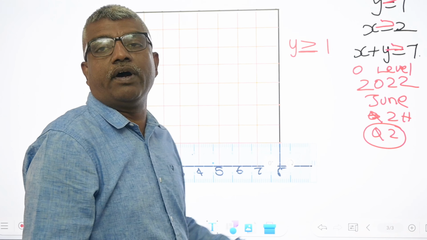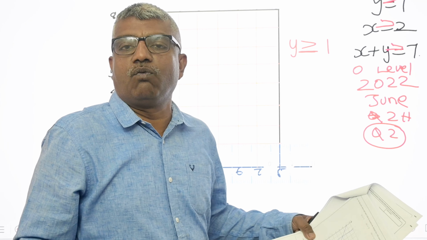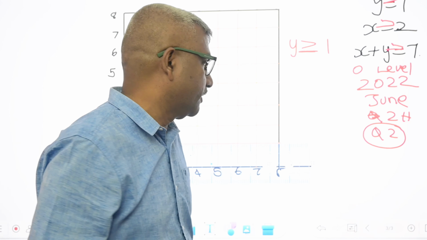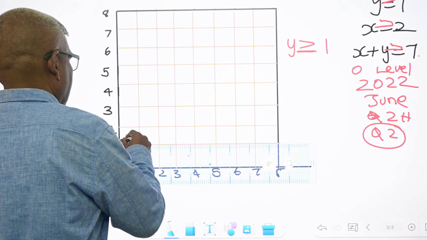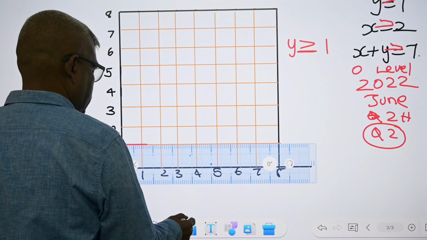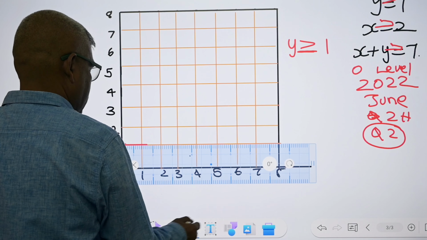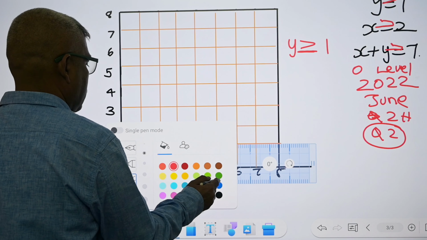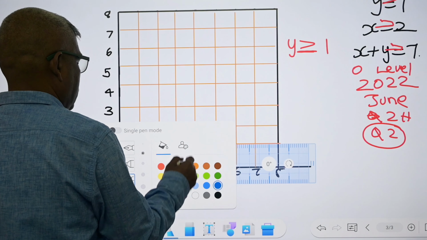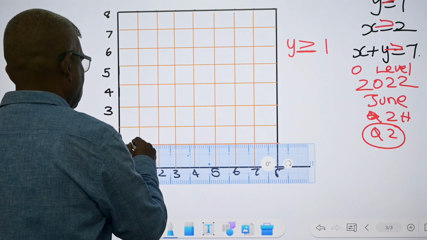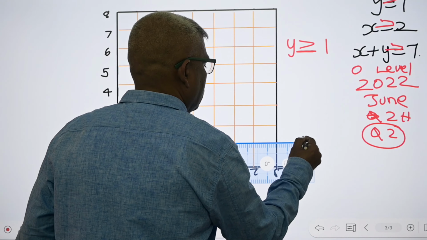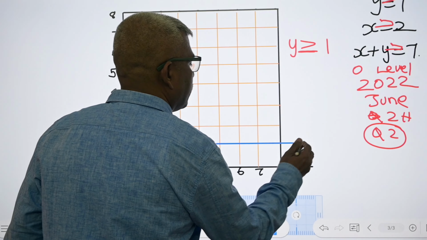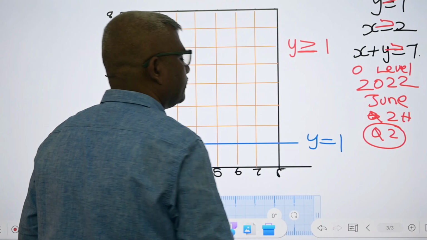They have asked y is greater than or equal to 1. What you have to do? Draw y equal to 1. What is this equation? y equal to 1.